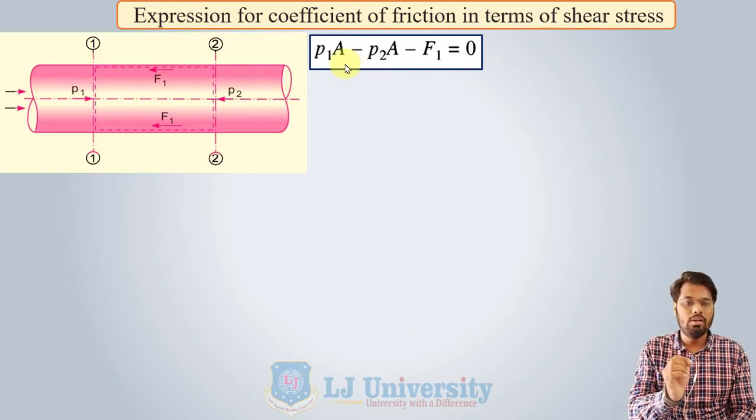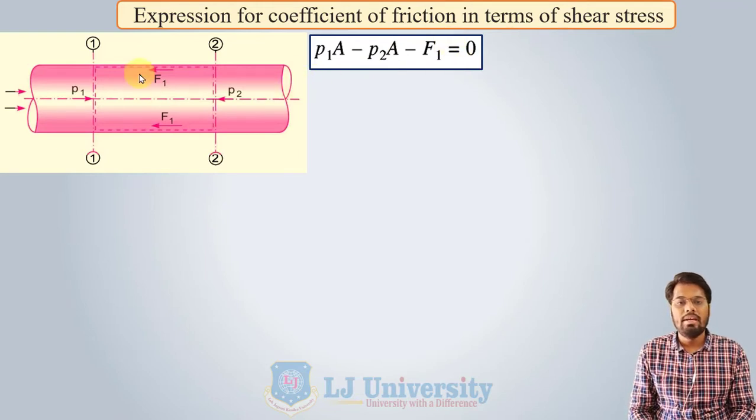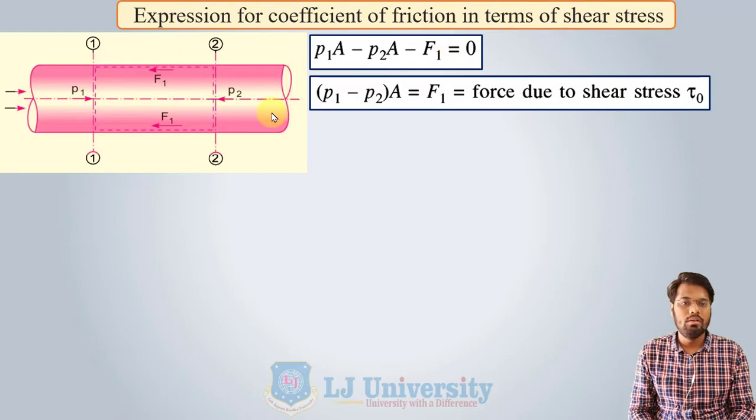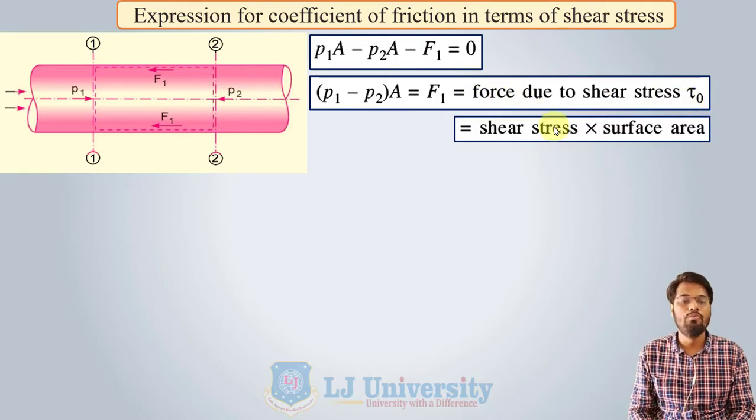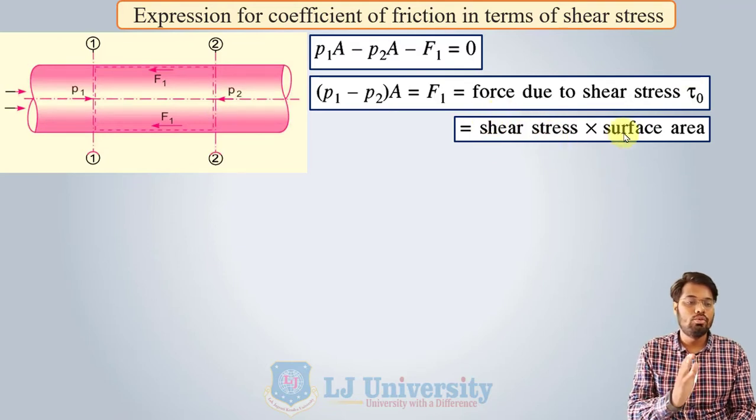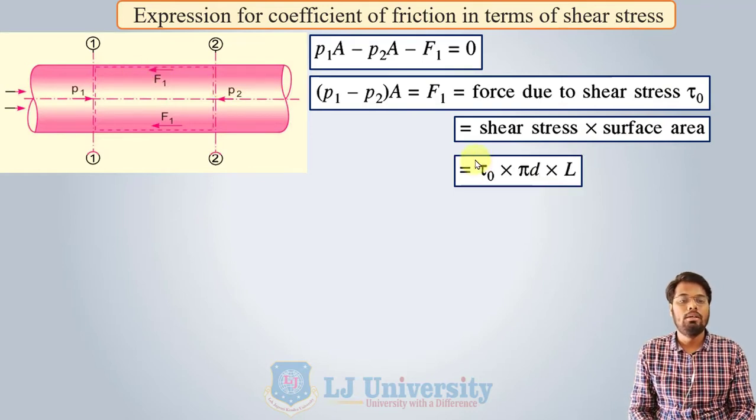We have the equation P1 A minus P2 A minus F1 is equal to 0, by resolving forces horizontally. Now this F1 is the force due to friction, that is, the force due to shear stress tau 0. Force is equal to stress into area, so this is shear stress into surface area, because shear stress is generated within the surface area. Let's denote shear stress by tau.